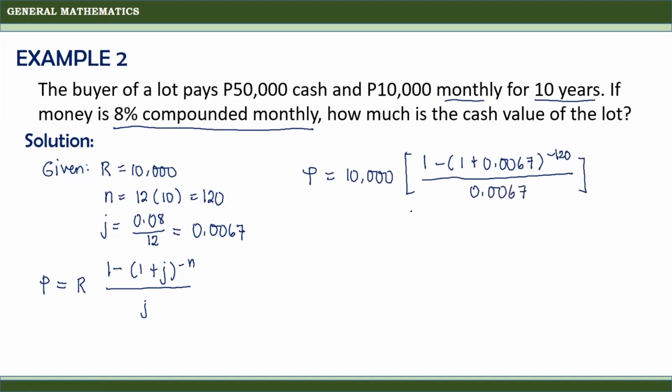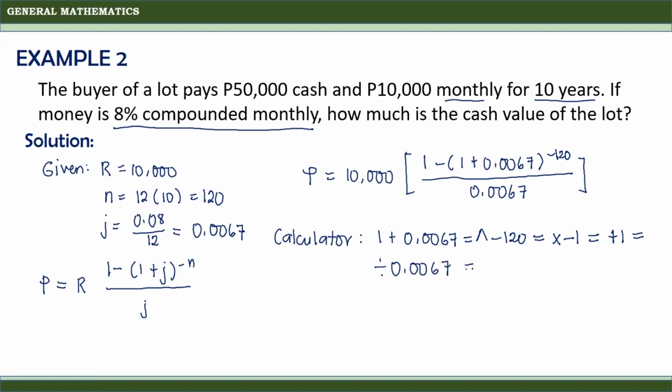To find its value using a calculator, what we need to input are the following: 1 plus 0.0067 equals sign raised to negative 120 equal sign times negative 1 equal sign plus 1 equal sign divided by 0.0067 equal sign times 10,000 then equal sign.